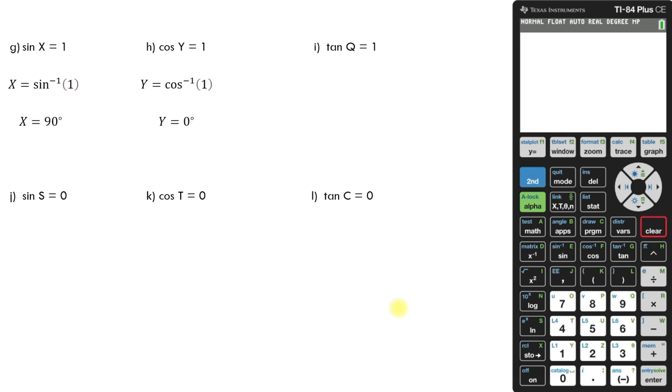Question I states that tan of q equals 1. Therefore, the inverse tan of 1 equals 45 degrees. Question J, the sine of s equals 0. Therefore, the inverse sine of 0 equals 0 degrees.